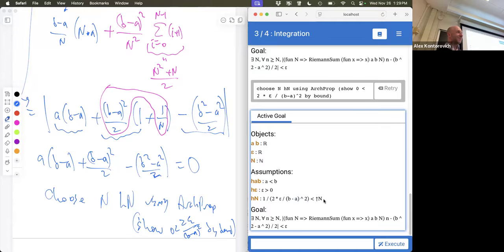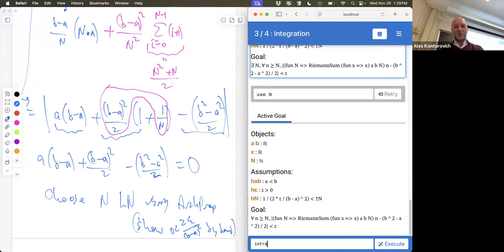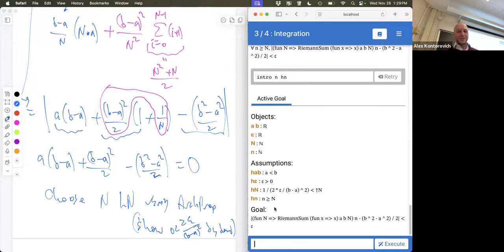Okay, so we have our capital N. That's the capital N we need to use. Use that capital N. Intro N and N. Once n is less than that, you do some arithmetic. So what am I going to say?